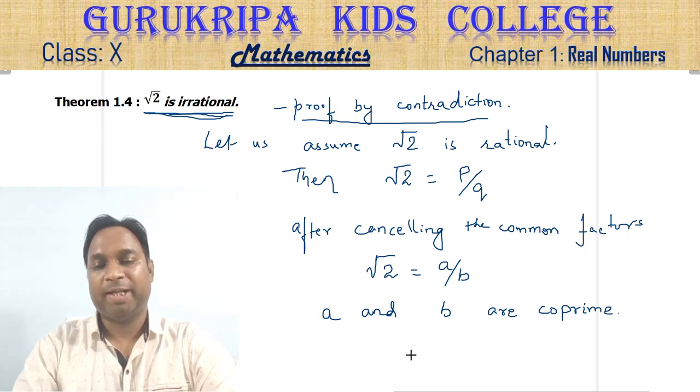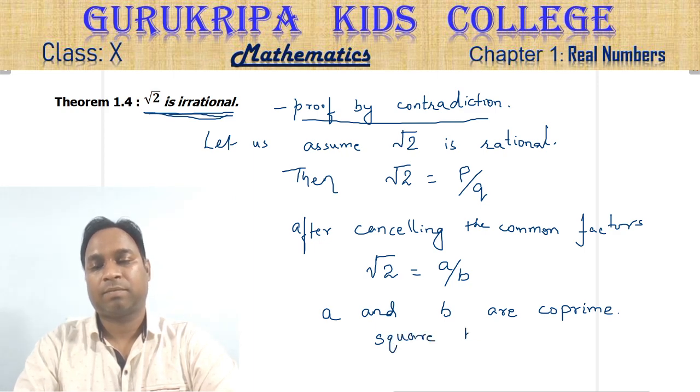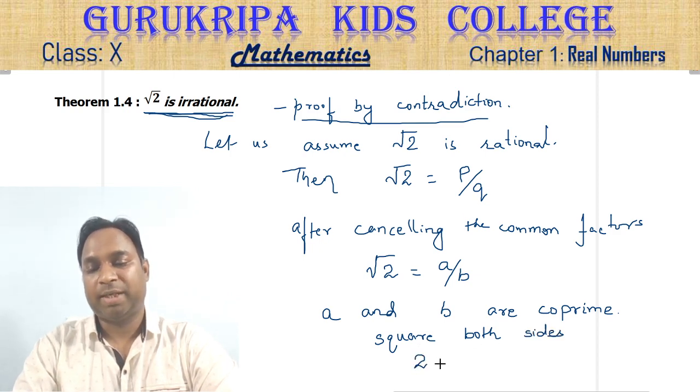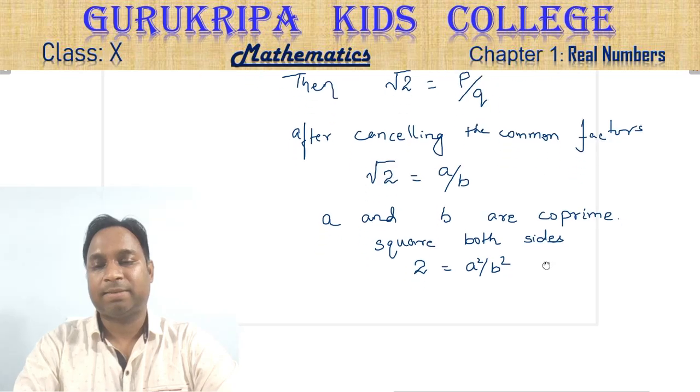Now squaring both sides, you get 2 is equal to a square divided by b square.